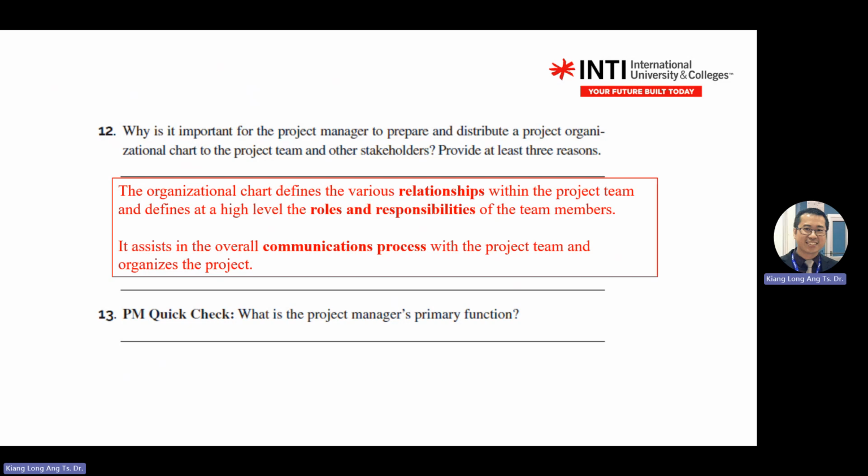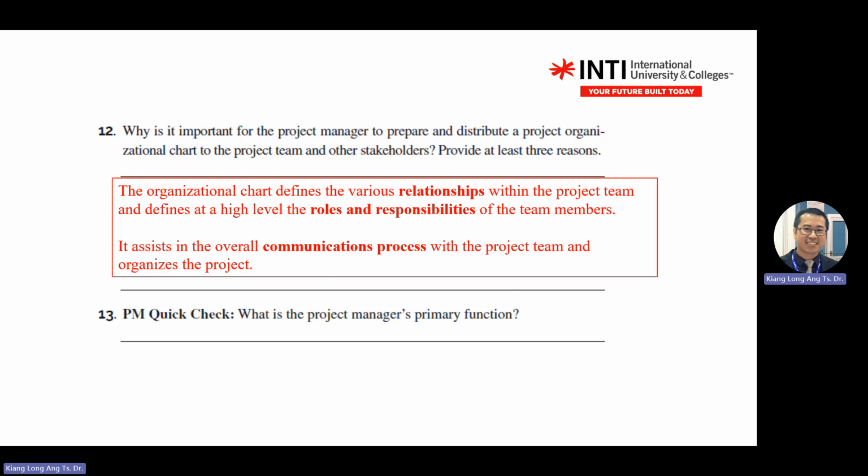This answer can apply to anything related to the organization chart. If the question asks why matrix, or why not product based, or something else related to the organization chart, you use this reason.